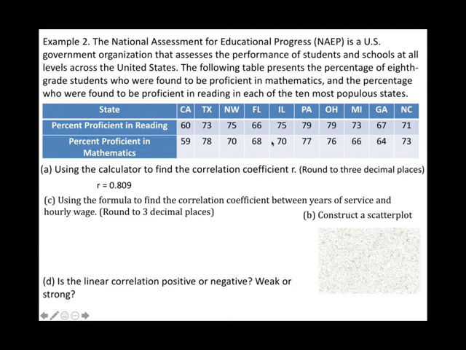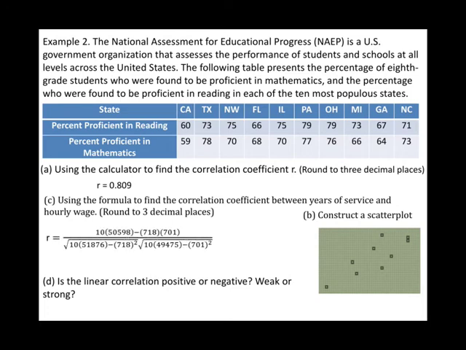Your scatter plot should be like this. Find the summation X, summation Y, plug into the formula. You should find the same answer as your calculator, 0.809.